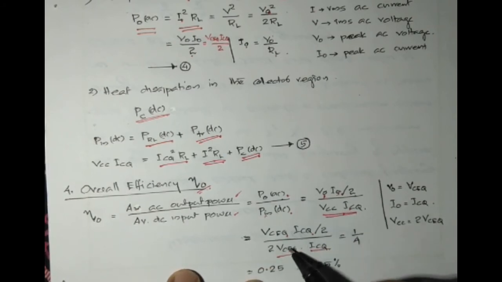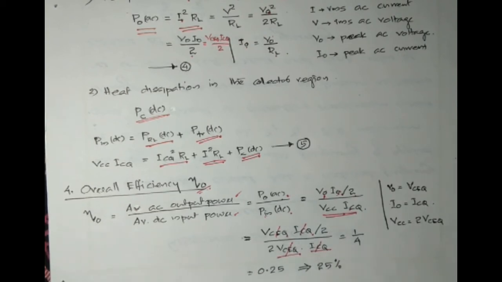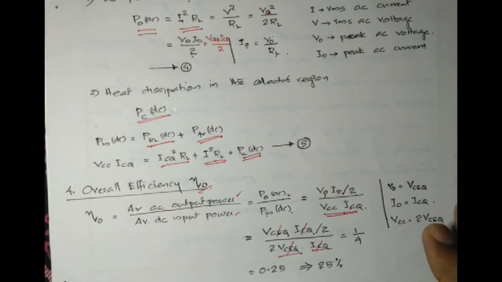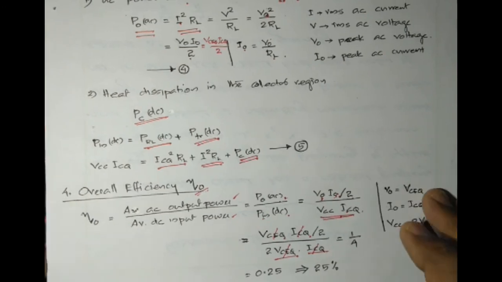So cancelling VCEQ and ICQ, we get 1 by 4 or 0.25, which means the overall efficiency of the class A amplifier is 0.25, or this corresponds to 25% efficiency. The maximum possible overall efficiency of a class A amplifier is only 25%.